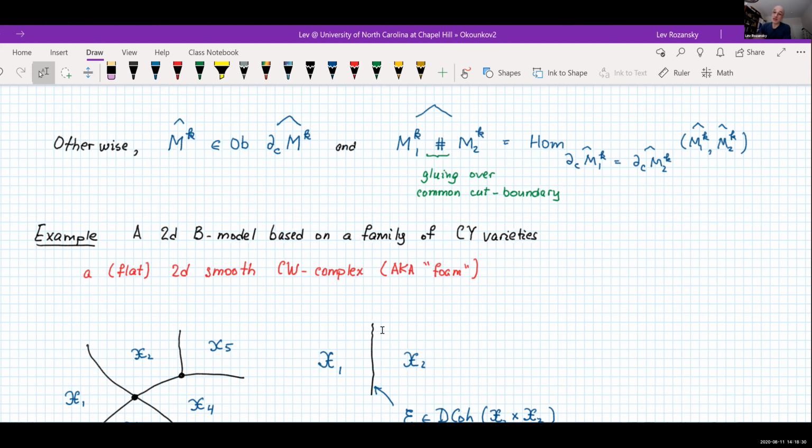That's our neighbor on the upper floor. But in this story, we have 3D. But I want to first explain how I understand a 2D version, a topological quantum field theory which is called the B model, and it's based on a family of Calabi-Yau varieties.